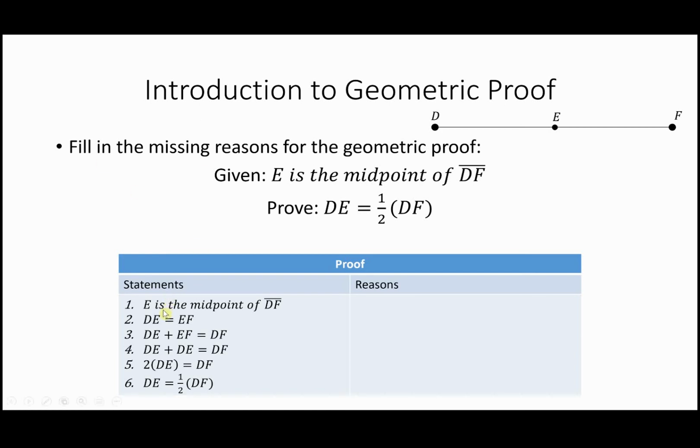So the statements are already given to you, so we're kind of still doing a lot of hand-holding in our presentation of table proofs at this time. You're still not expected to write them. Pretty soon we're going to enter into a section where I'm going to show you the steps that you would take in order to write your own geometric proofs from start to finish with only simply a theorem.